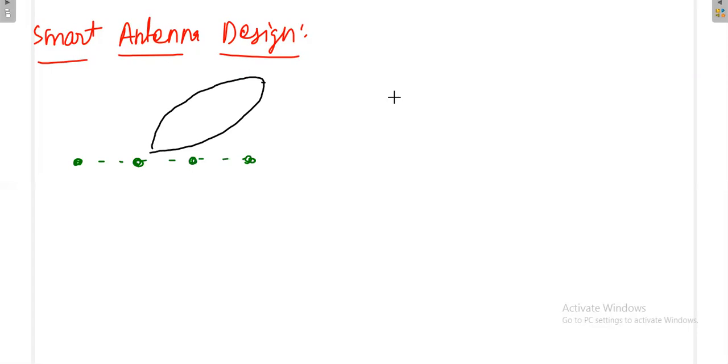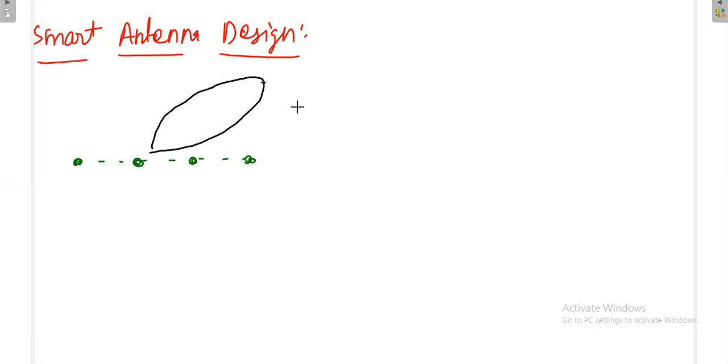In this case, I am not moving the antenna structures physically, because if I moved physically, I could concentrate the beam upward, but that's not my aim. By electrically varying the current and phase of these antennas, I am going to change the direction of maximum radiation.